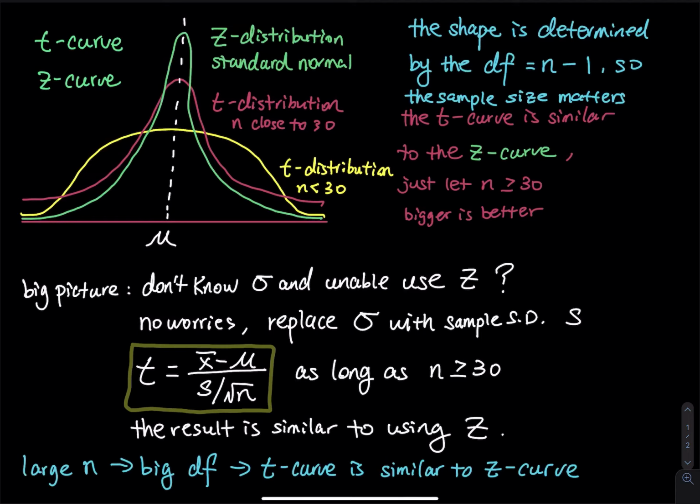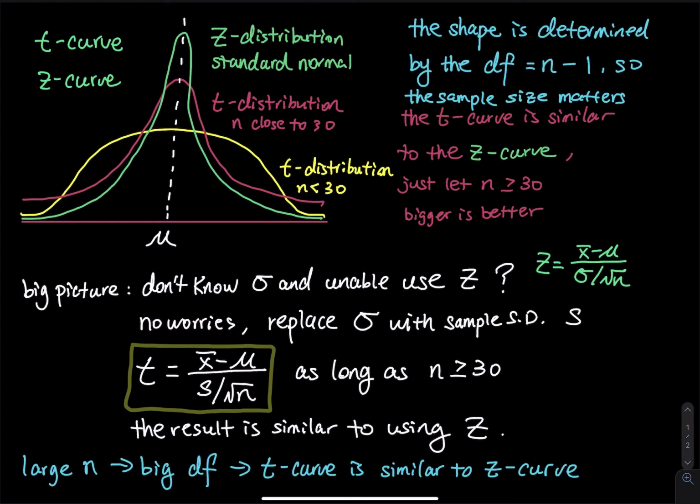When you consider the t-distribution, you have to replace the sigma. Let me remind you of the standardization formula: z equals x bar minus mu divided by sigma over square root of n. You don't know that sigma, but don't worry about that. We consider the t-distribution and replace that sigma with the sample standard deviation, because the sample is an estimation of the population, right?